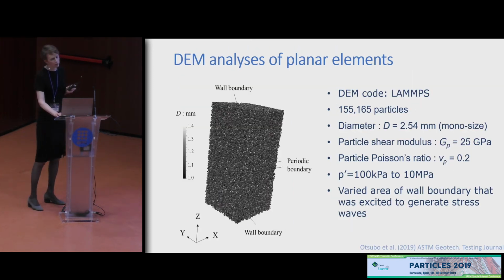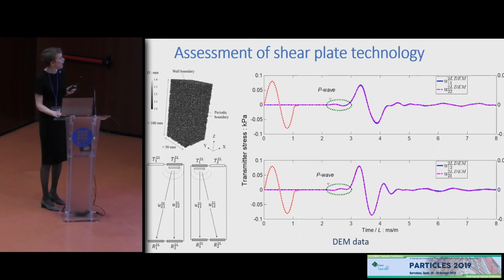In the bar test, we again used Ballotini, and that enabled us to run parallel DEM simulations, also look at this technology. And here are some data from the DEM simulations. We excited different areas of the top of the sample to generate a signal and monitored it along the base.